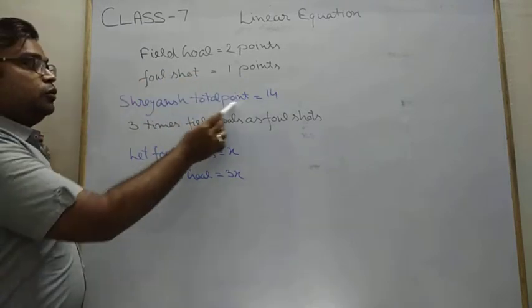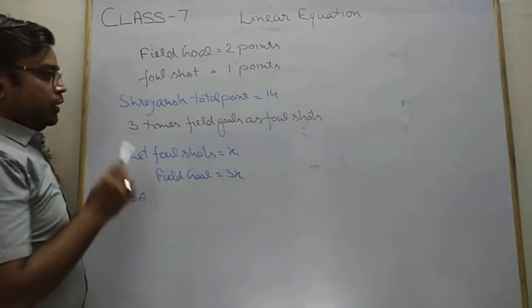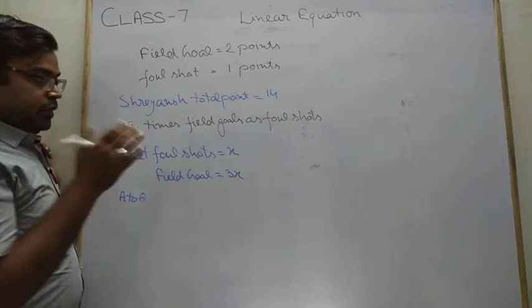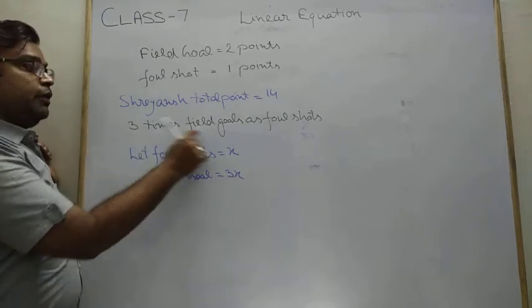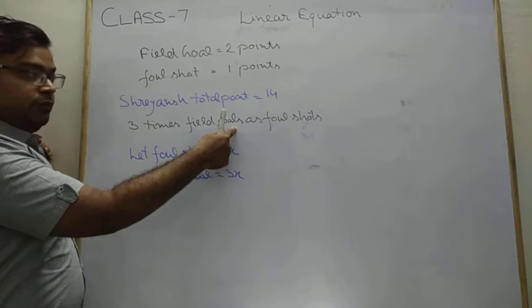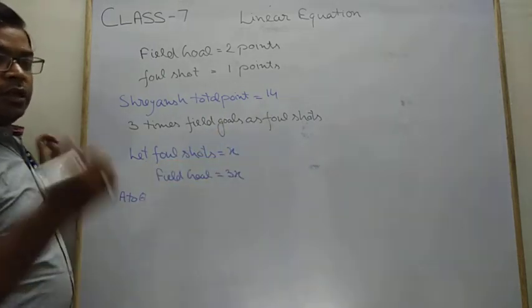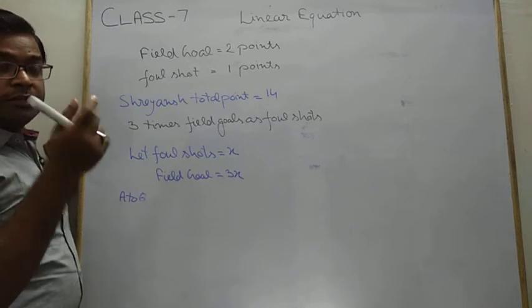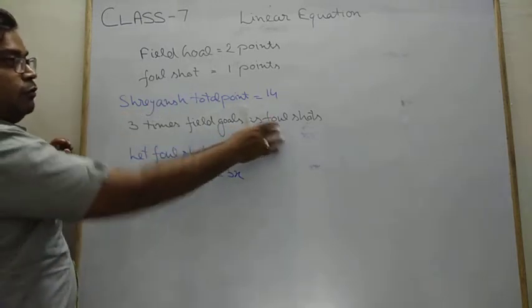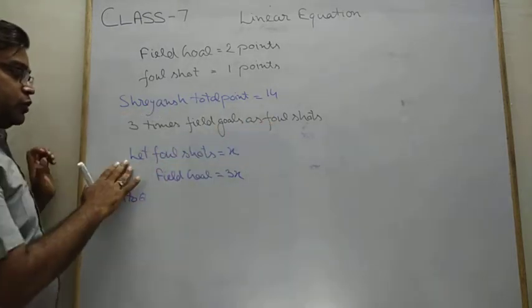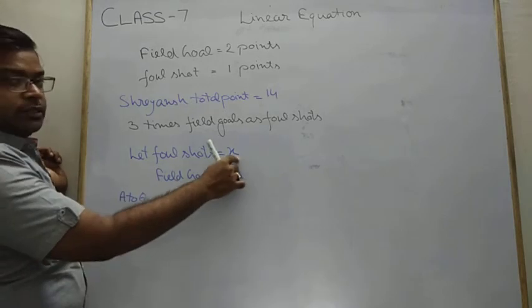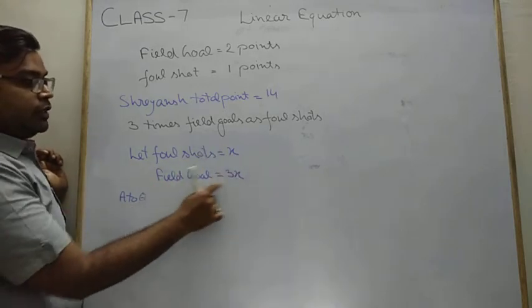Shreyans scored total 14 points, and conditionally, 3 times field goals as foul shots. Means the number of field goals is triple the number of foul shots. So we assume that foul shots are x and field goals are 3x.